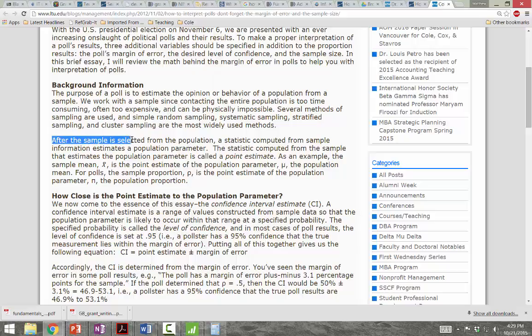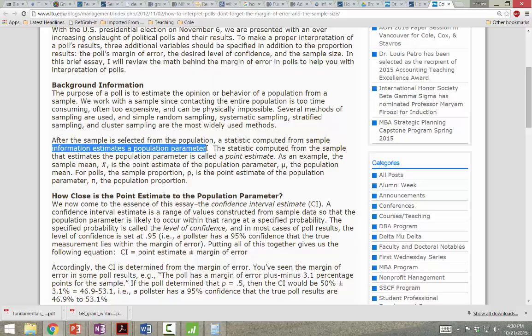Now, after the sample is selected from the population, we can compute a statistic that does what? Well, the statistic computed from the sample estimates the population parameter.